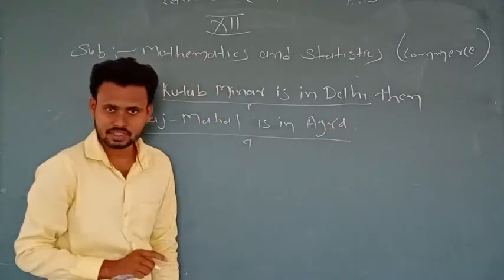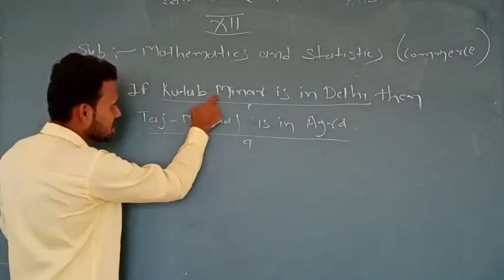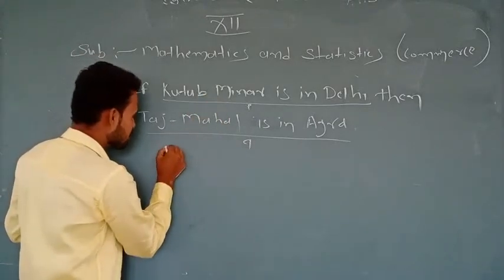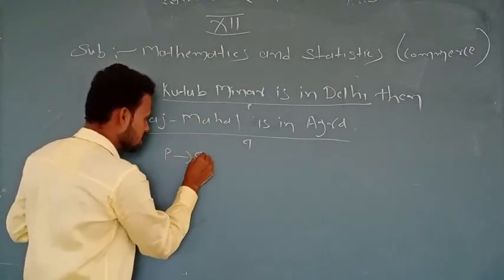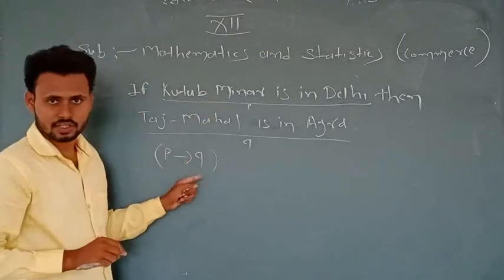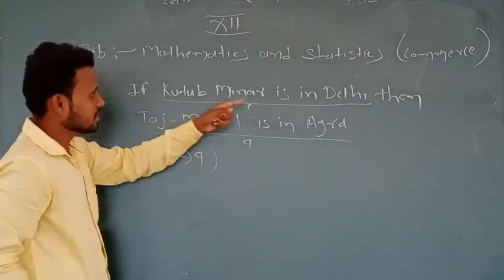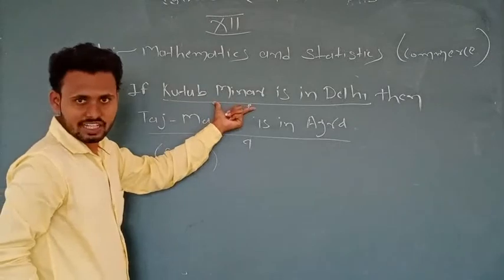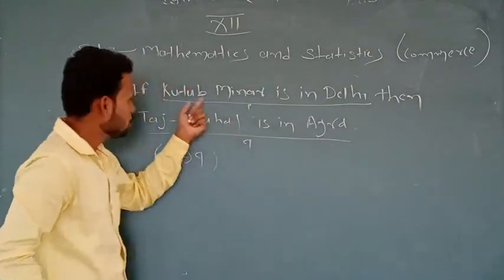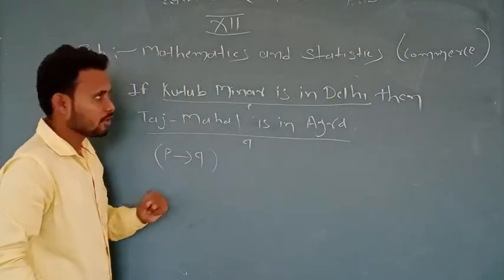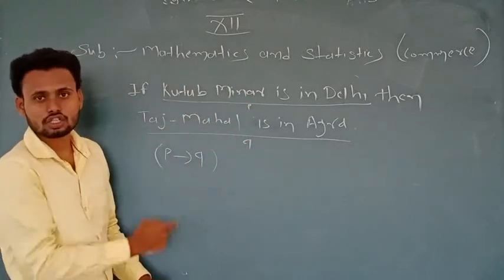It is P conditional Q. The form here is: after if comes the P statement, then the Q statement. We have to write the whole negation of that statement.